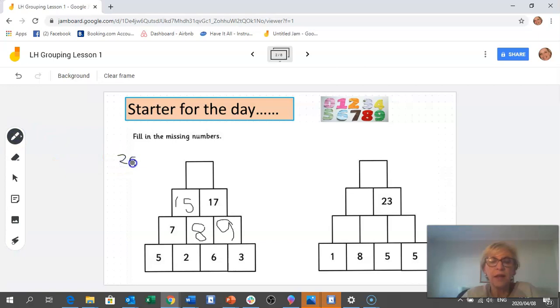Just keep that there. You're adding your separate numbers. And then we're going to add our 1s. 5 plus 7 is 12. And 20 plus 12 is 32. And there is our pyramid completed.